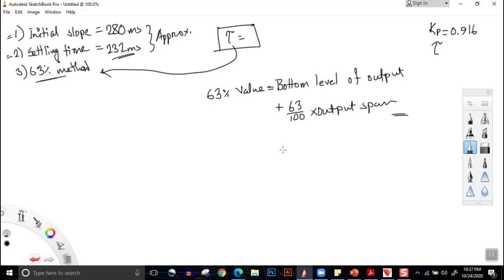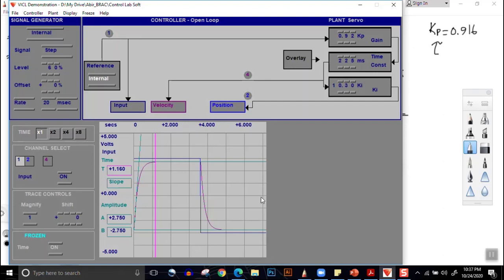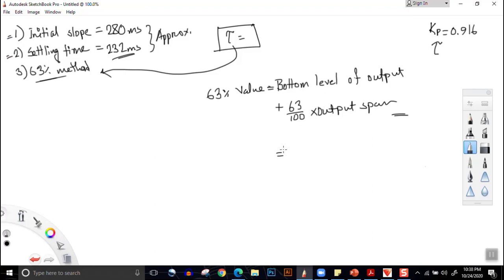Now, if this is the formula that we use, we can see that the bottom level of output is minus 2.750. So we can write minus 2.750 plus 0.63 into 5.5.